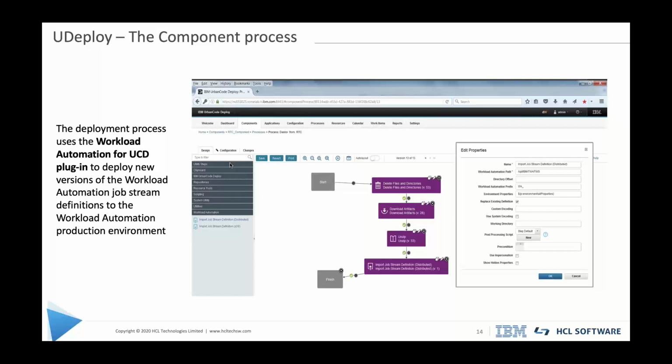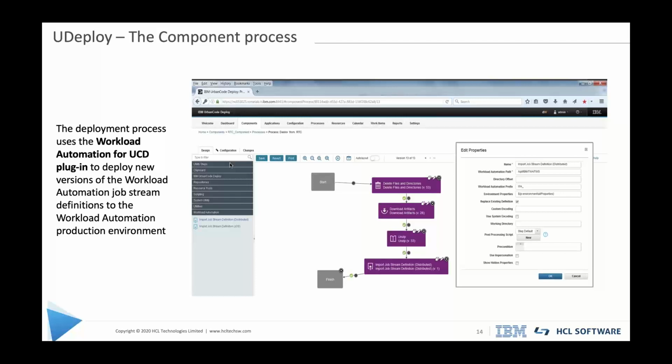So let's say that you want to automate two kinds of processes, the deployment from development to test. Maybe you need to change the name of the workstations, maybe you need to change the naming conventions of job streams or jobs. So you can define that with variables so that every time you rerun the same process, it's always defined in the same way. So you can customize it once and then rerun automatically always the same process.